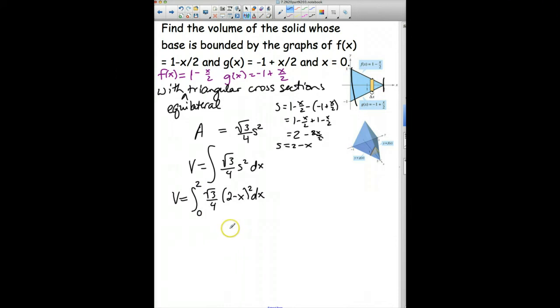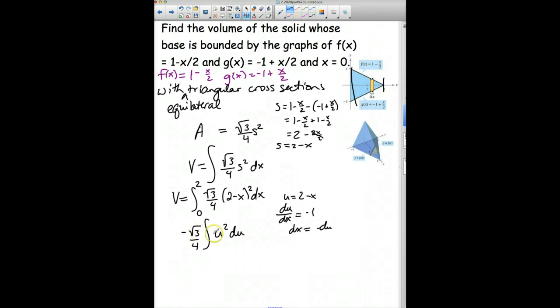And then we're going to integrate that. U can be the inside, 2 minus x. du dx is negative 1, so dx equals negative du. Pull out the constant. So we have u squared. This is going to be negative du, so I'm also going to pull out that negative there.